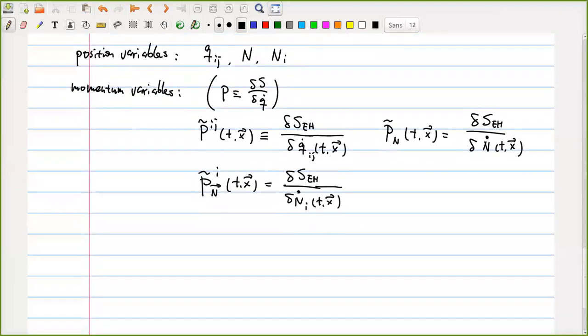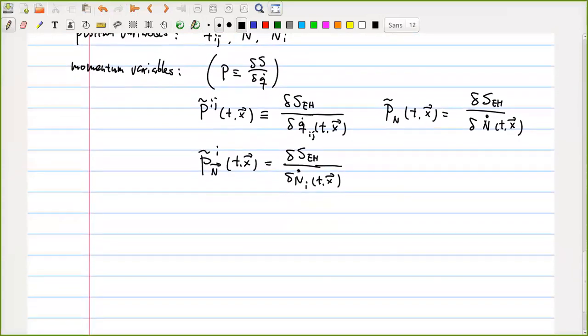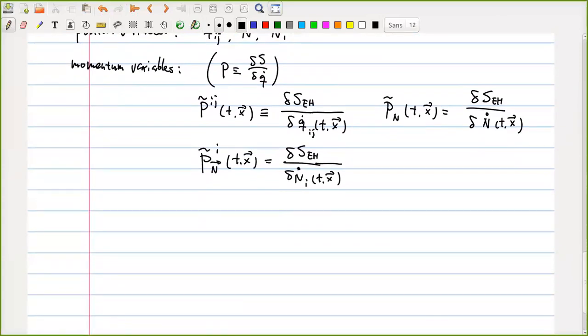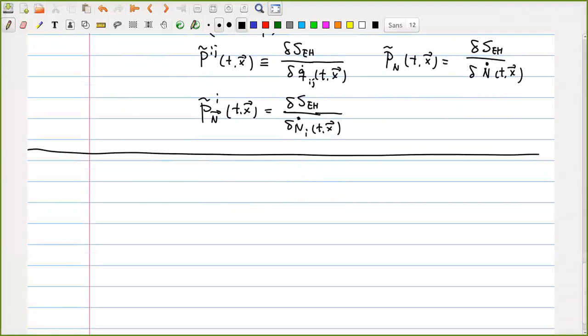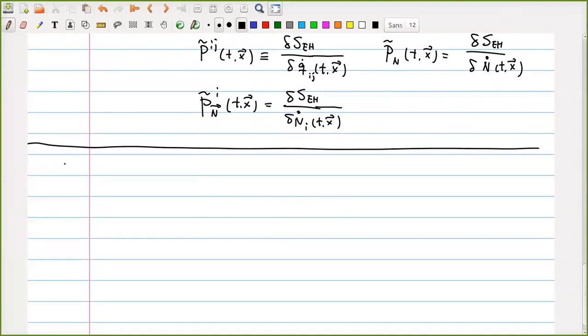In usual classical mechanics, you probably only need to compute the ordinary derivative, but for field theory, you need to compute this kind of functional derivative. So maybe I give you some additional remarks about the functional derivative.